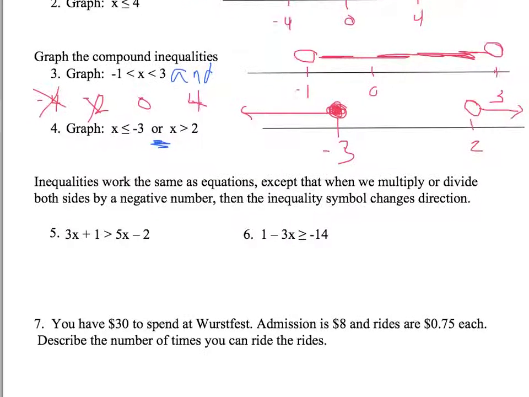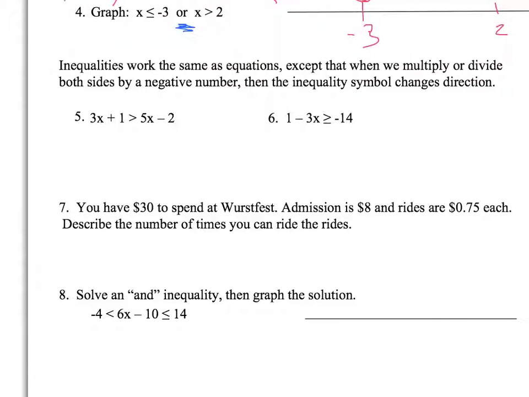All right, inequalities work the same as equations, except that when we multiply or divide both sides by a negative number, the inequality symbol has to change directions. Okay, so example 5, I know most of you, when you solve equations or inequalities, you don't like your x value to be negative. So let's start by moving the 3x to the right side.